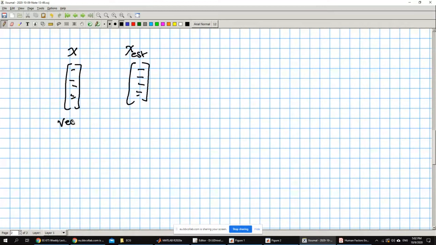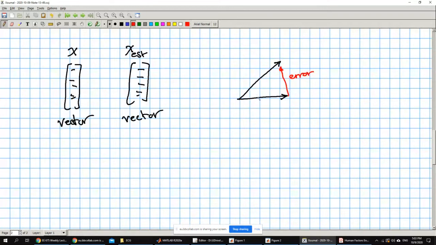This is a vector, and this is a vector. So what you're doing here is trying to see the error vector between these two. If you're talking about two-dimensional vectors, if you have something that looks like this and something that looks like this, you're computing something that looks like this.